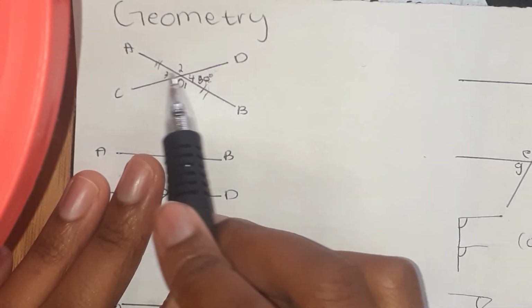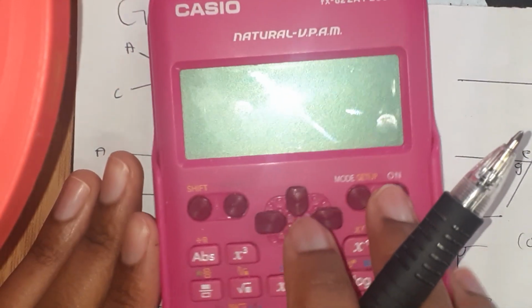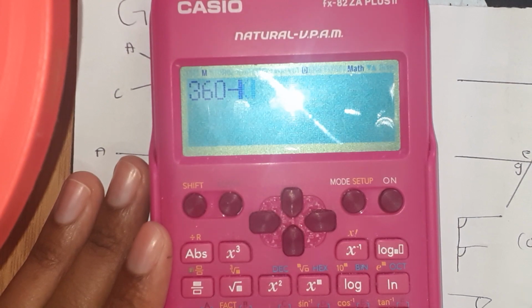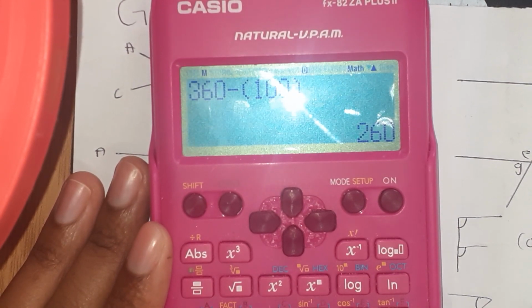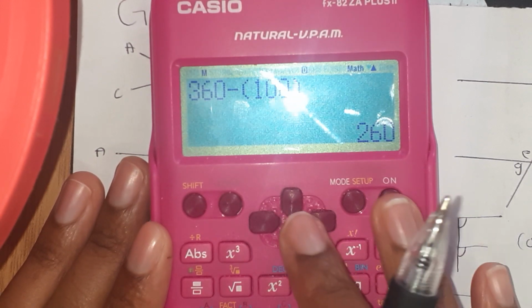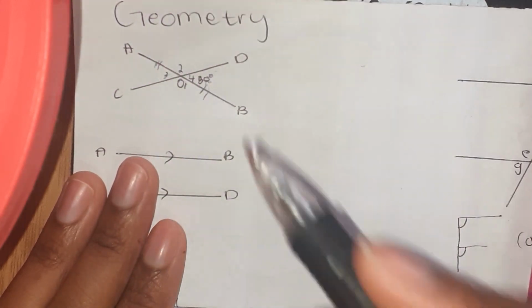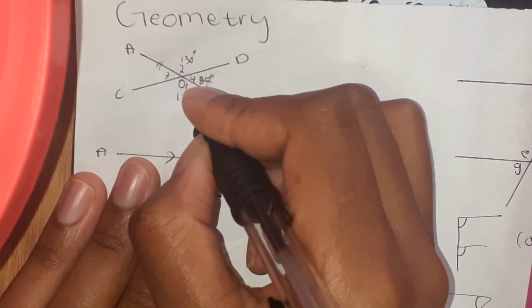So if this one is 50 and this one is 50, to find the rest, you will say 360 minus 100, when you add them together. So you are left with 260, which you just divide by 2, and that's 130. So here is 130 degrees, here is 130 degrees.